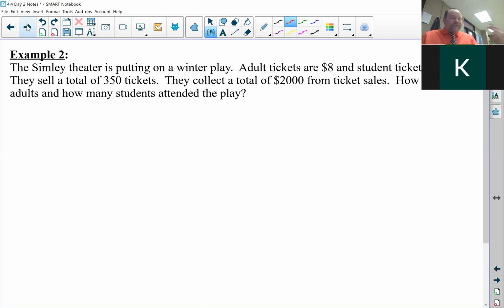So again, if I go through my process, circle the numbers. So 8, 4, 350, 2,000. Underline the question. How many adults and how many students attended the play?